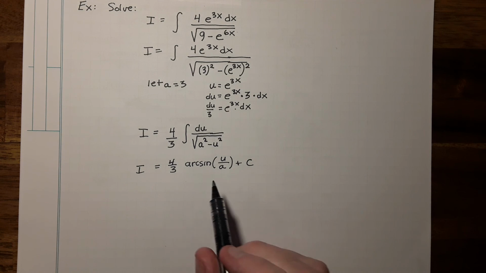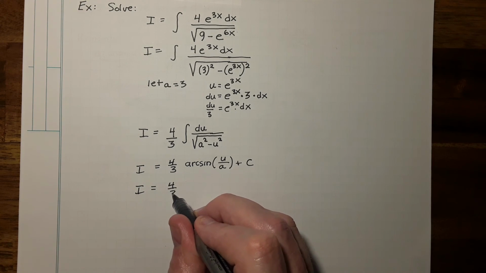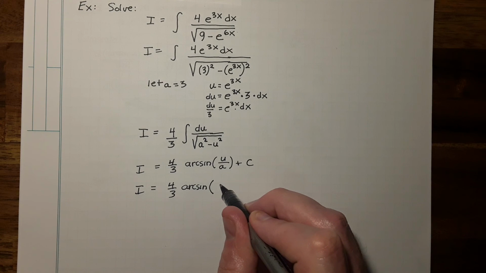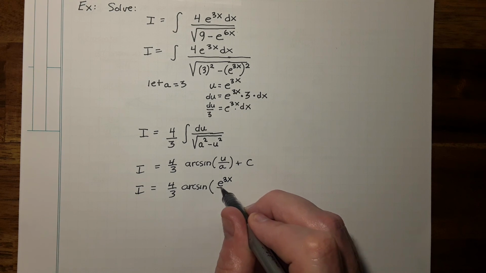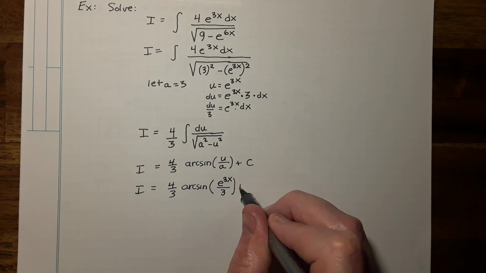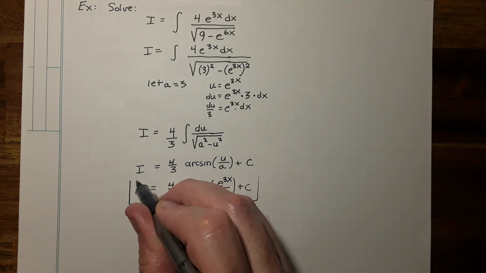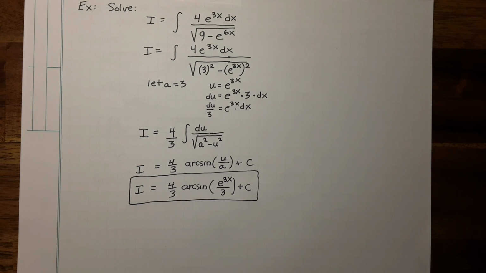All I have to do is undo the substitutions to get back to my original variable. And so u was e to the 3x, and a was 3. And so here is the solution to the integral. 4/3 arcsine of the argument e to the 3x over 3 plus c.